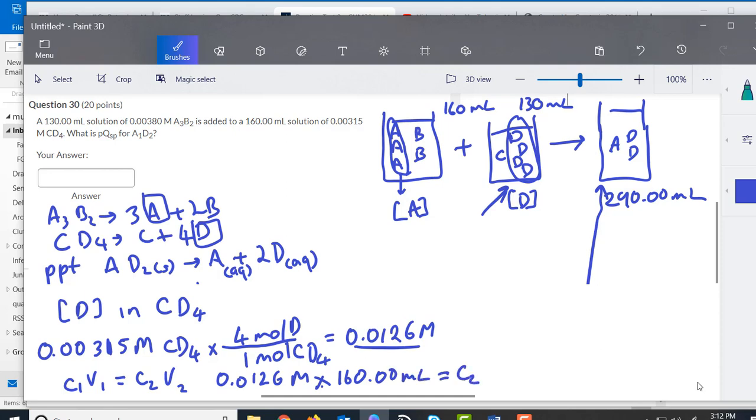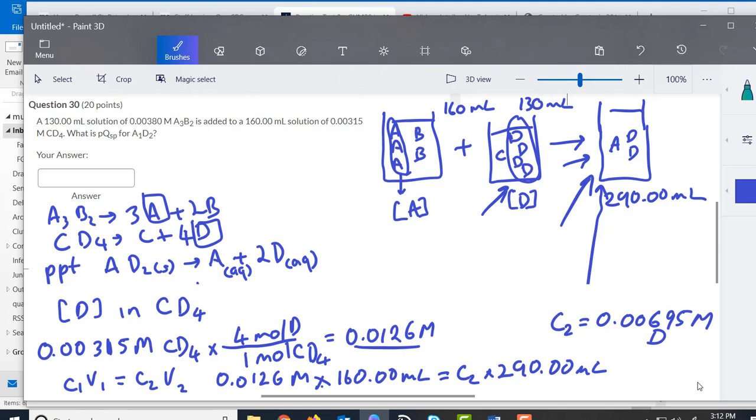And we're looking for the concentration once it gets to 290.00 mils when it's diluted up here. So to get that, we would solve for it, and C2 comes out to be 0.00695 molar of the D. And that's again in this solution right here.